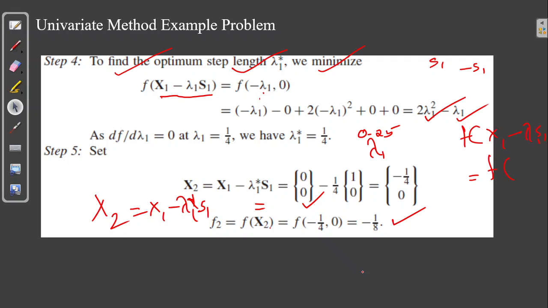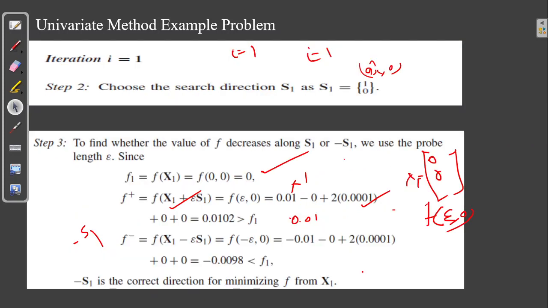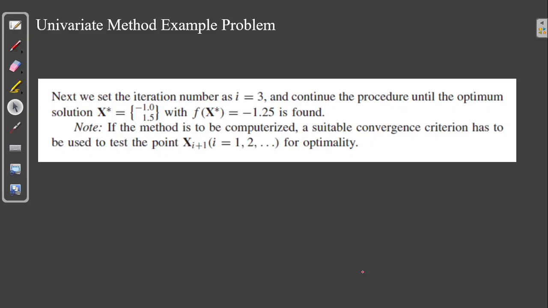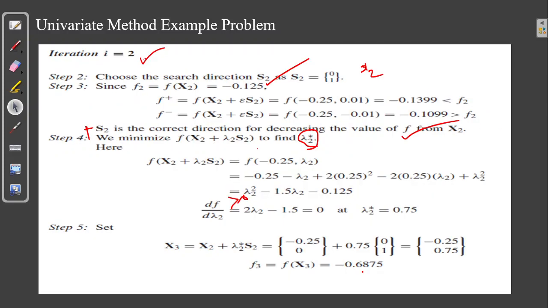Earlier it was minus 0.125 and here it is minus 0.6875. Actually, it is less, because the minus sign is there.